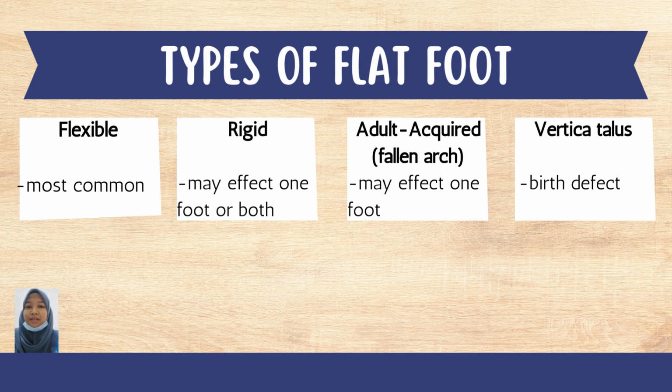And the fourth and last one is vertical talus, where some babies have a birth defect or congenital disability that prevents the arch from forming in their development, and the talus bone in the ankle is in the wrong position, which causes this flat foot among babies.